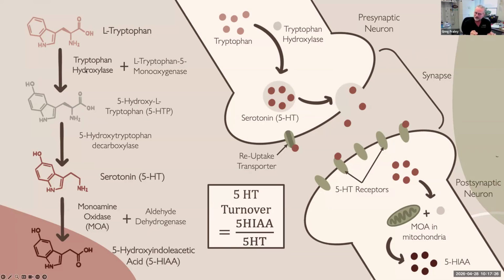The rate limiting step of serotonin synthesis is this enzyme tryptophan hydroxylase, which then with decarboxylase will make serotonin. Serotonin can then be broken down by different mechanisms into its primary metabolite 5-HIAA, 5-hydroxyindoleacetic acid, which doesn't matter.